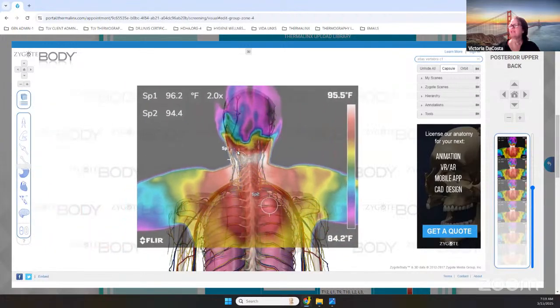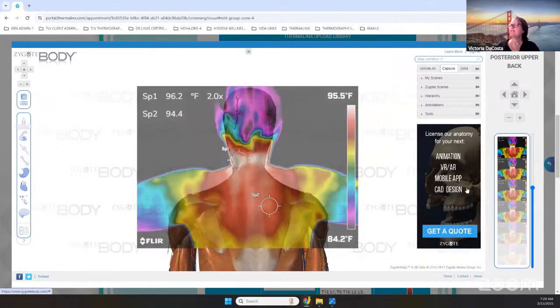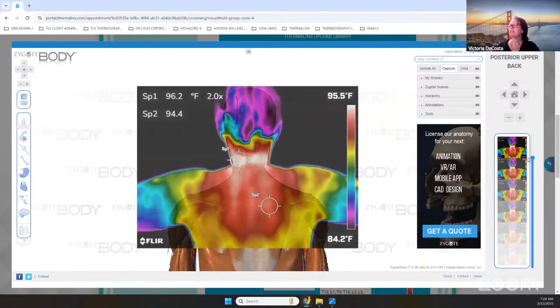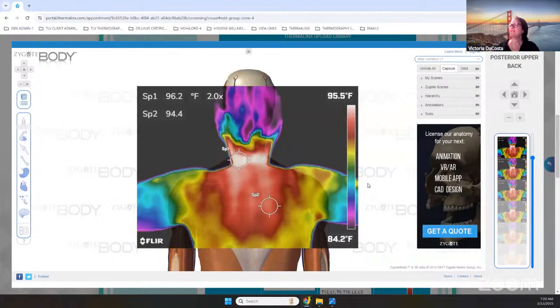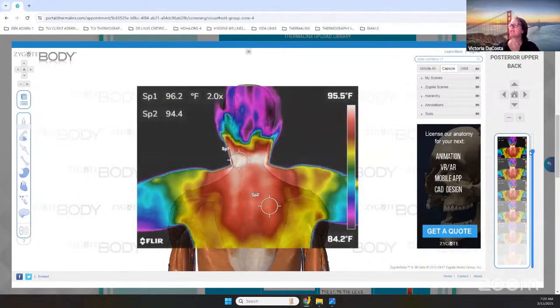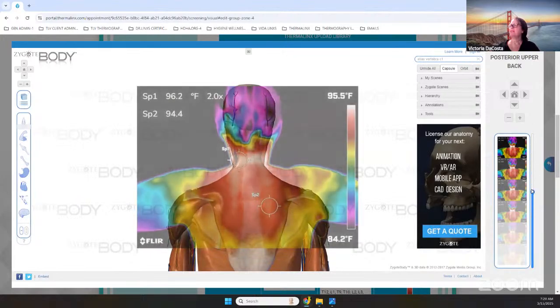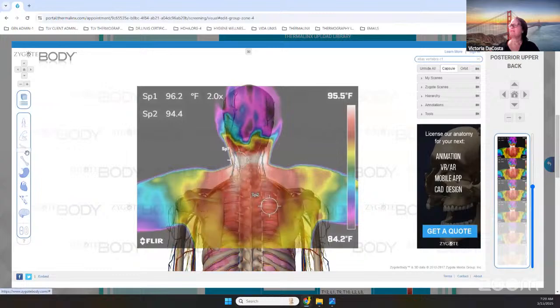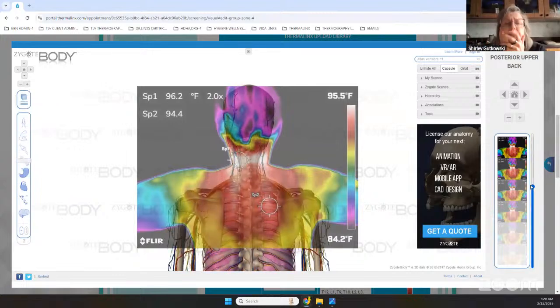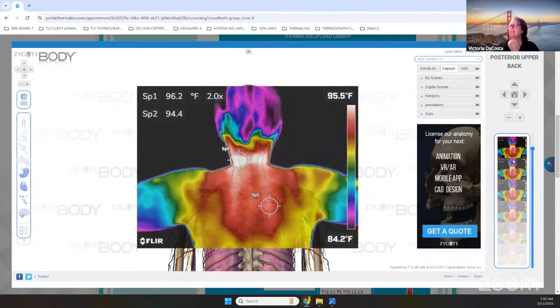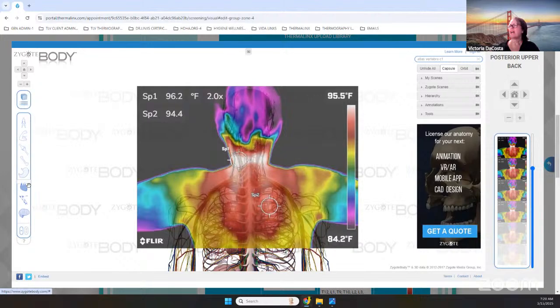And so he requires these kinds of scans because he says it helps with his treatments. And he says he wants to be able to measure it so he can work with her over time to see increase of circulation and take the stress off of these areas where she's got the blockages.